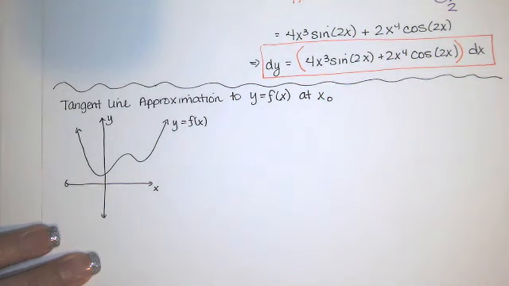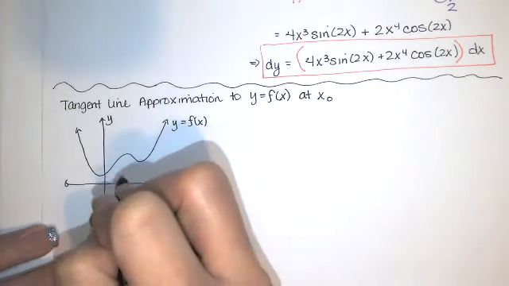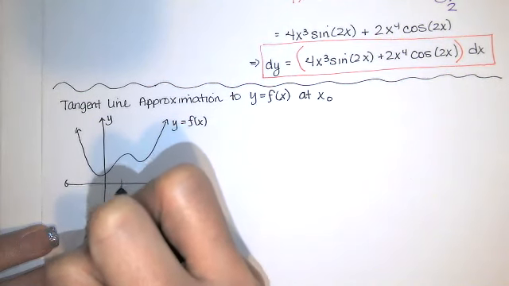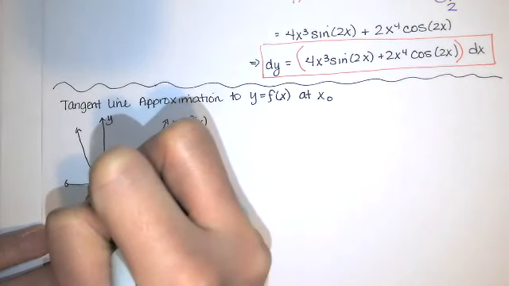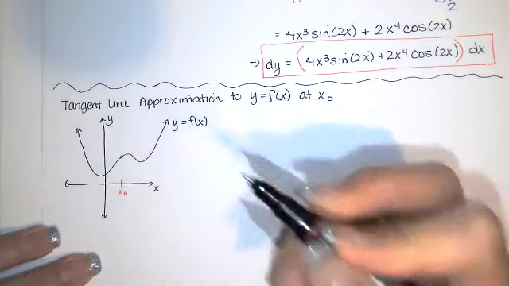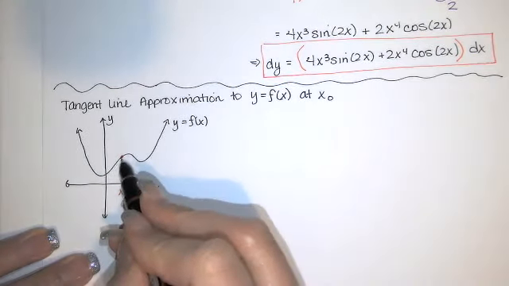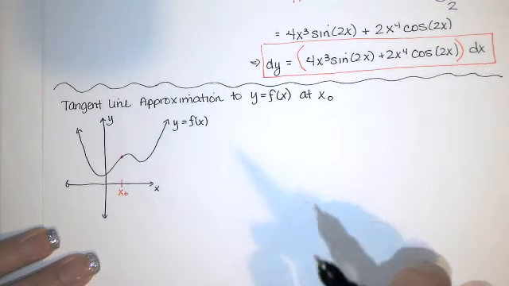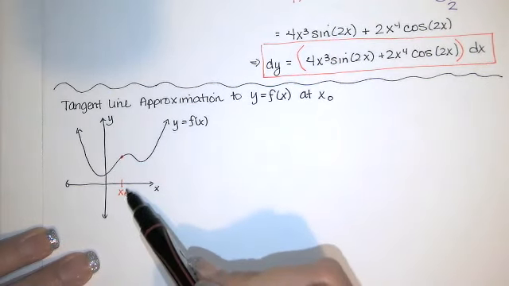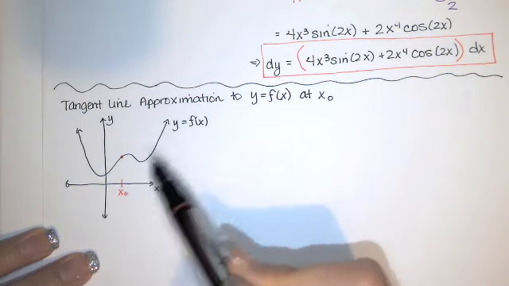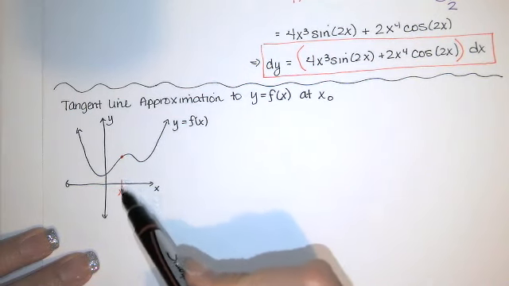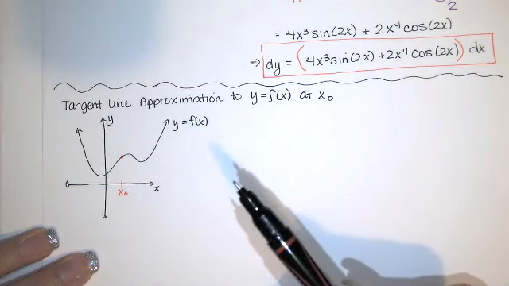Earlier this semester, we found the tangent line to y equals f of x at a point. So let's say you wanted the tangent line at x equals x naught. Well, in order to find that tangent line, we needed two things. We needed the slope of the function at x naught, and we needed an xy pair. Well, we've got x, it's x naught, and to find the y value that goes with it, we could just substitute into the original function.